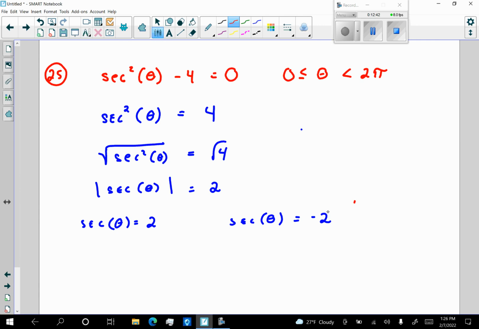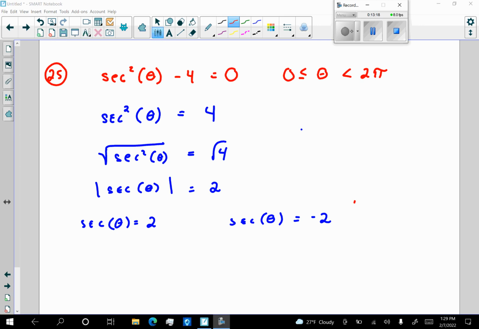So now I need to figure out which thetas do we have such that the secant of theta is 2 or negative 2. And secant is what? 1 over cosine. So I want the cosines that map to 1/2. So back to the equations, Woodrow.